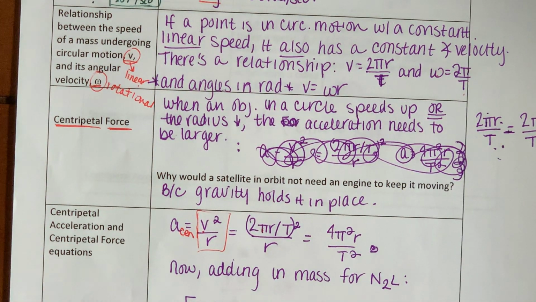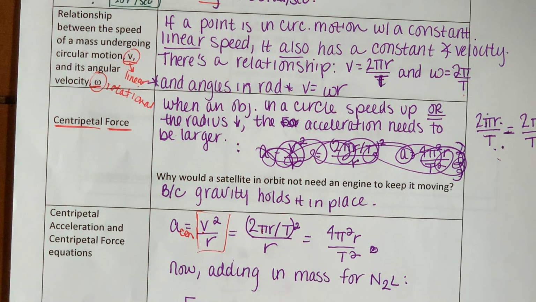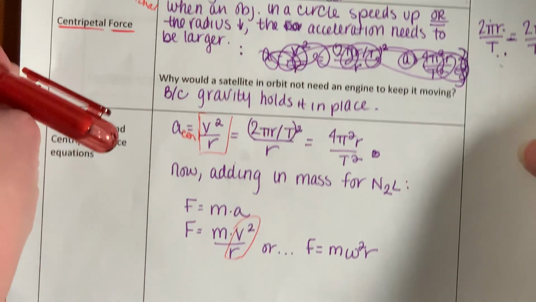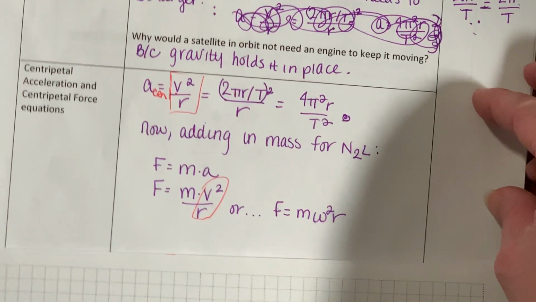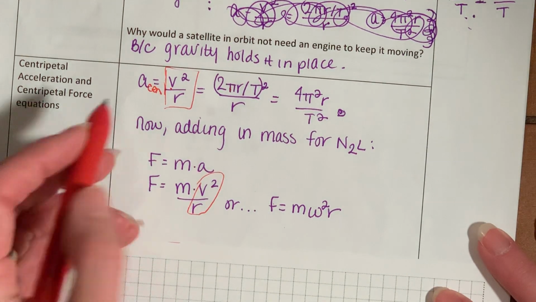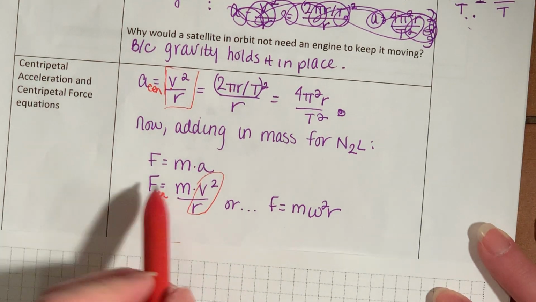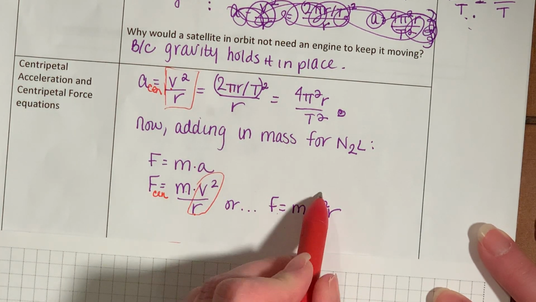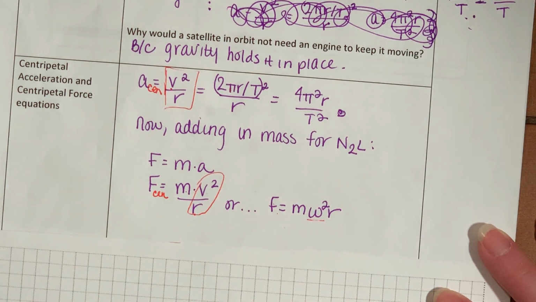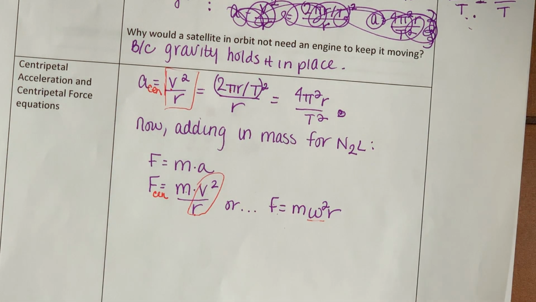Or we can say force is equal to mass times omega squared r. Just another way to load that dishwasher. So centripetal force is going to be equal to mass times velocity squared over r, or mass times omega squared r. Remember that omega value is in radians. So far, so good.